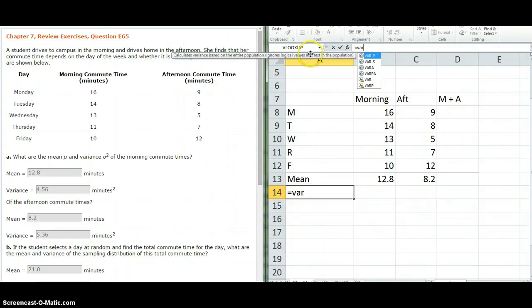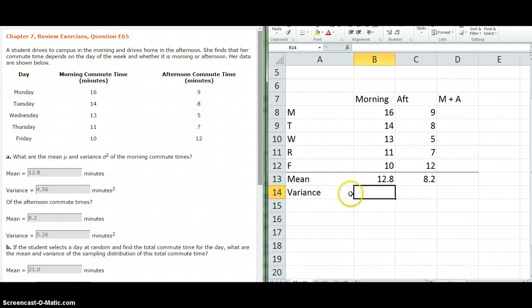Well, because we're looking at the entire week of data, we can consider it as a population variance.